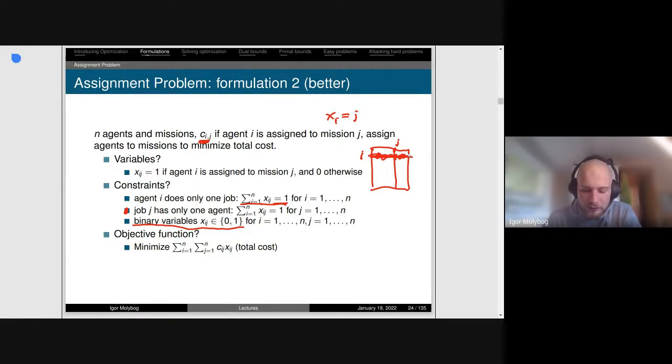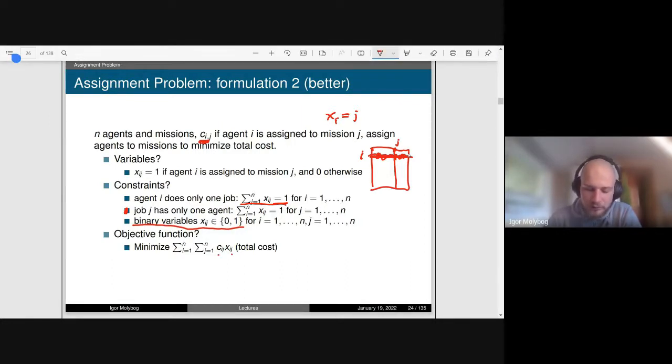What is the objective function? The objective function is to minimize the scalar product between these two matrices, which is written down with the double sum. You sum over i from 1 to n, you sum over j from 1 to n, and then you multiply Cij with Xij.